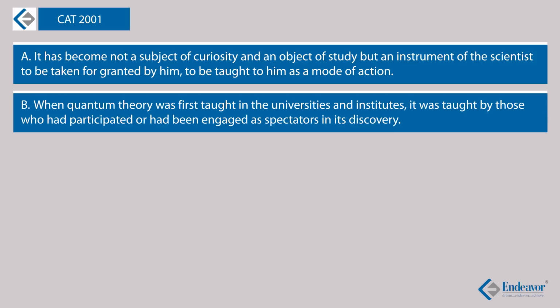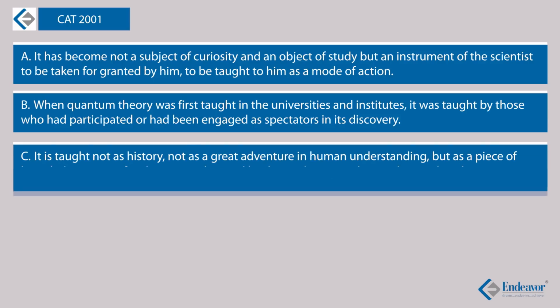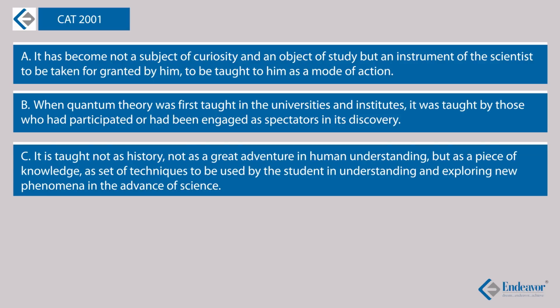Sentence B. When quantum theory was first taught in the universities and institutes, it was taught by those who had participated or had been engaged as spectators in its discovery.